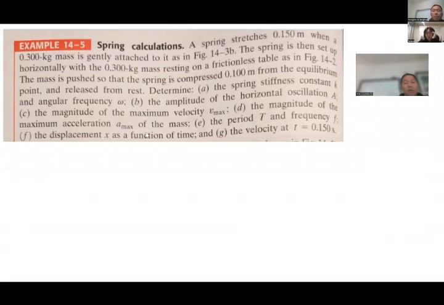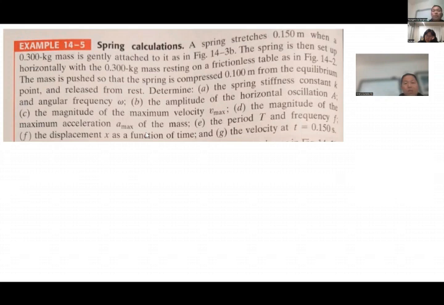That's figure 14-3b. The spring is now set up horizontally with the 0.3 kilogram mass resting on a frictionless table. It's in figure 14-2. The mass is pushed so that the spring is compressed 0.1 meter from the equilibrium point and then released.